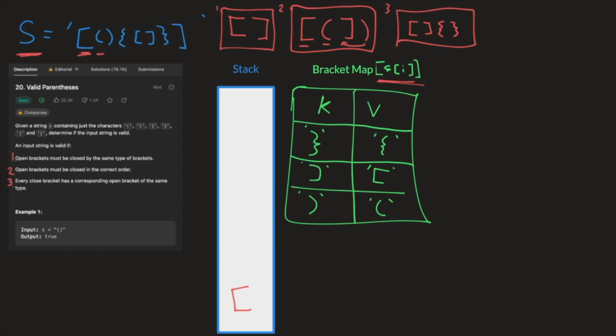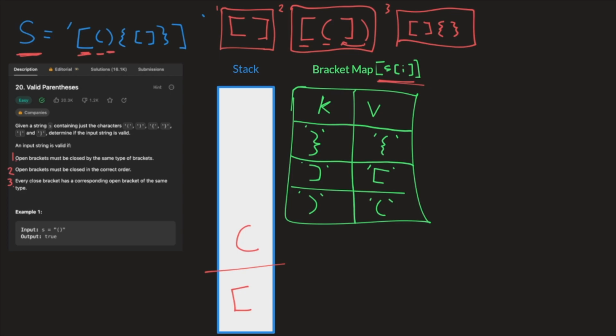And so we've got this open parentheses, and we ask bracket map, hey, do you have an open parentheses in your key? It says, no, we do not. So we add it to the stack. And this line here is just to show separation. Then we get to the third character. So we iterate through, we go to the third character in this string, and we see it's a closing parentheses.